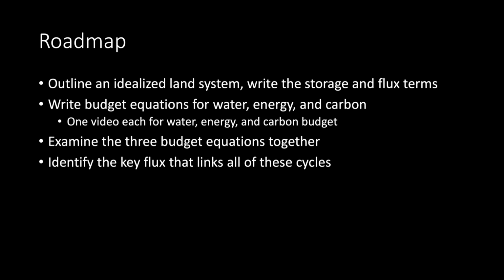When we account for these fluxes, we're going to write the budget equation for each cycle that balances the influxes and outfluxes. There's one video each for the water cycle, the energy cycle, and the carbon cycle.